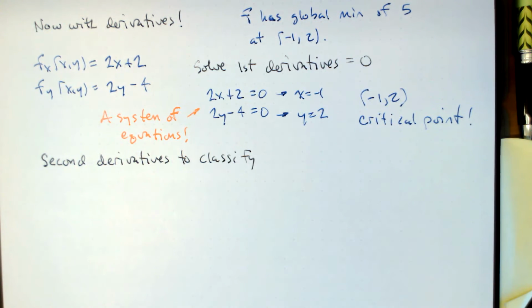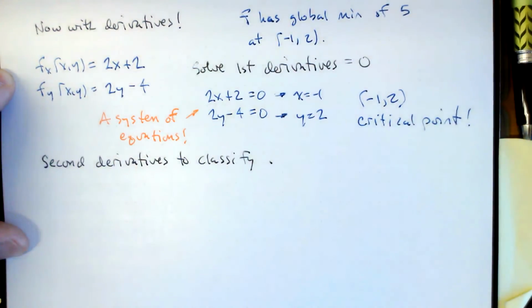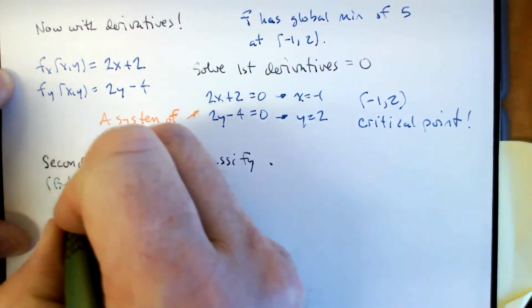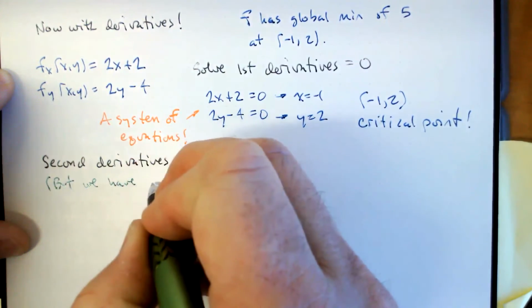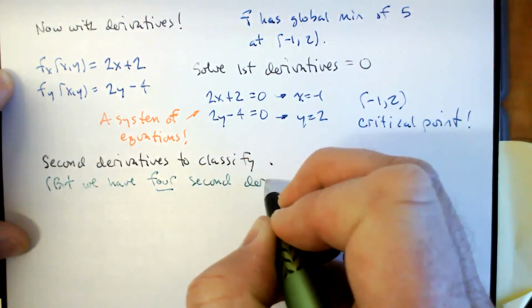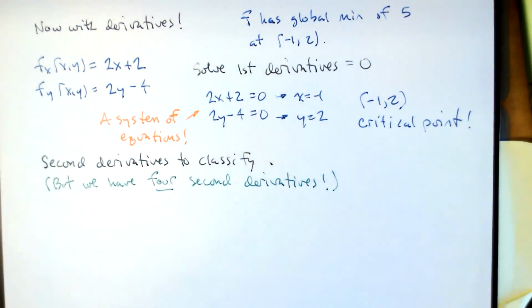So we have 4 second derivatives. So it's not just going to be as easy as taking the second derivative, plugging in the critical point, and seeing if it's positive or negative.